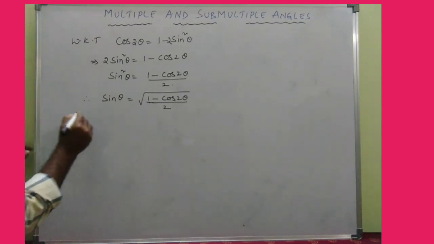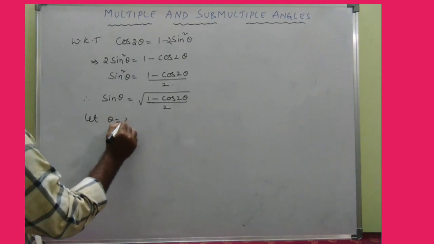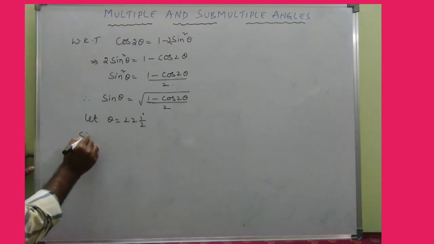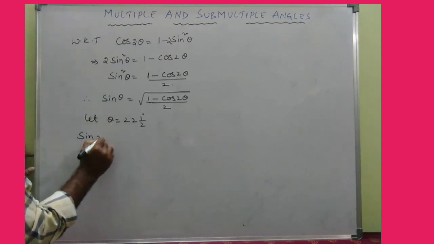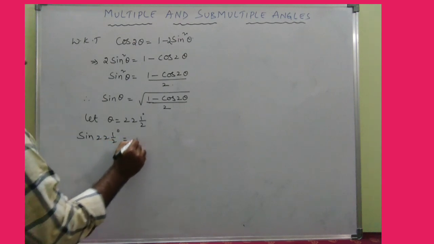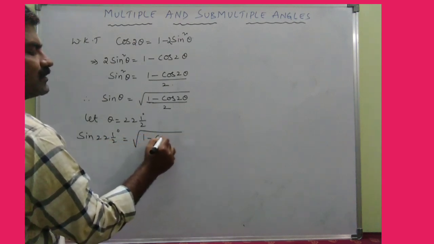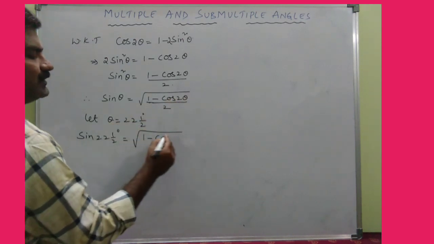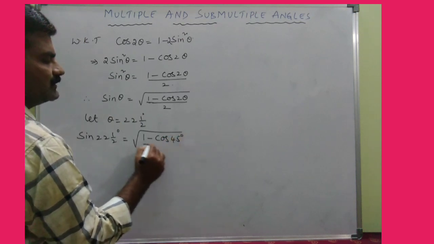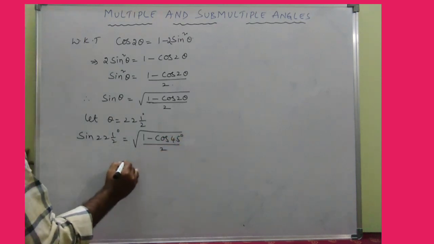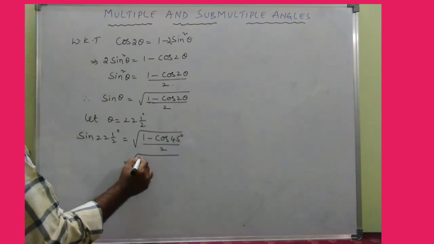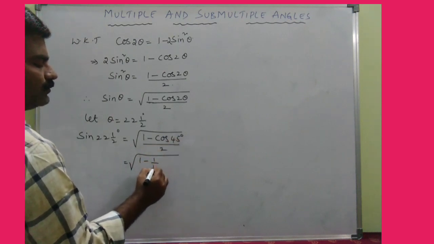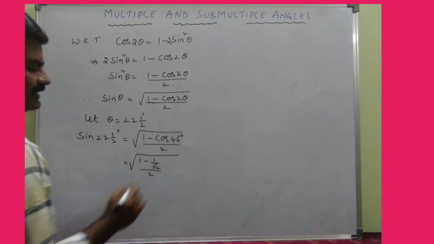Let us assume that theta is equal to 22.5 degrees. If you replace theta as 22.5 degrees in the above formula, it is equal to root of (1 minus cos 2 theta) by 2, where 2 into 22.5 is 45 degrees, whole divided by 2. So this is equal to 1 minus, what is the value of cos 45? 1 by root 2, whole divided by 2.